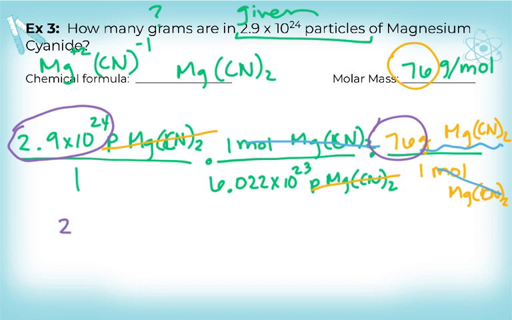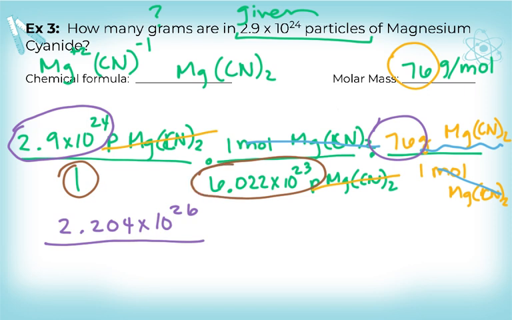I'm going to multiply 2.9 times 10 to the 24th times 76. And I got 2.204 times 10 to the 26. And then I'm going to divide that by, and I'm going to multiply everything on the bottom together, 6.022 times 10 to the 23rd. And then I'm going to divide that top purple number by the bottom number.